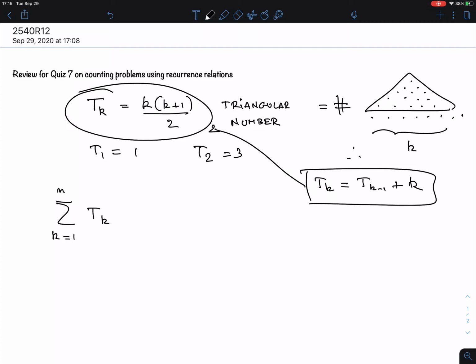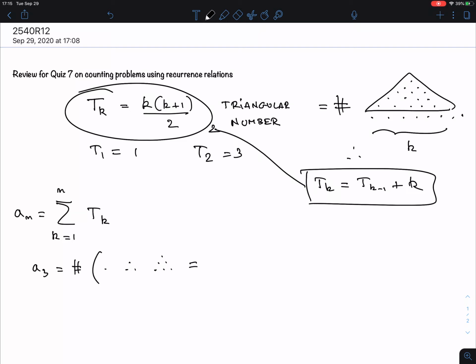So this would be the number of elements you have if you keep adding more and more triangles. For instance, let's call this a_n. So a_3 would be the number of elements if you have a triangle of size 1, a triangle of size 2, and a triangle of size 3.